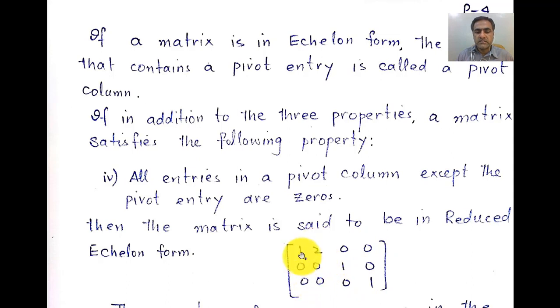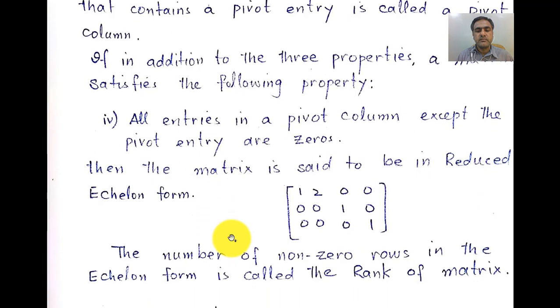We notice that all the entries in column number 1 except this pivot entry are zeros. All the entries in column number 3 except this pivot entry are zeros. Similarly, this is the case with column number 4. And hence, if a matrix satisfies this fourth condition, then we will say that our matrix is in reduced echelon form.